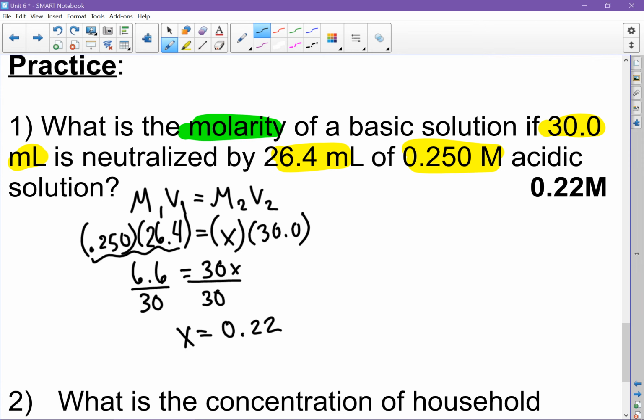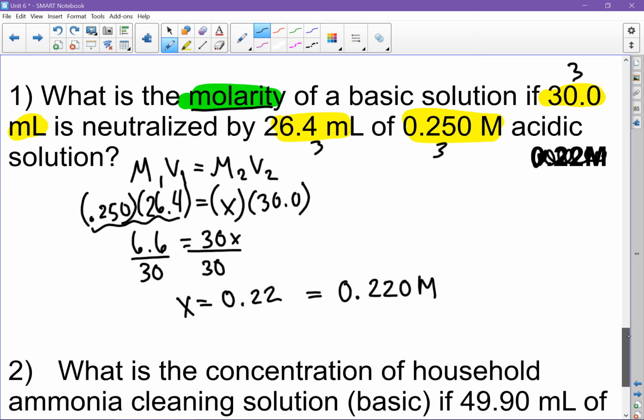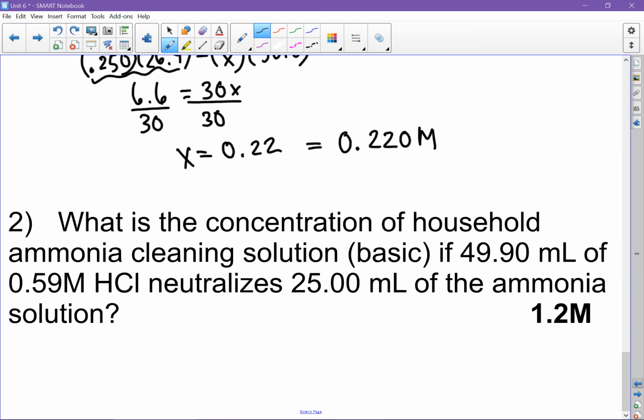So I started with, oh, see, this is wrong. I started with 3 sig figs everywhere. As written, this only has 2. The way that we're going to fix that is it's okay to add another 0 at the end. And then because we were looking for molarity, the unit for that is a big M. So that's how much the concentration of the basic solution would need to be. Okay? See if you can do number 2.